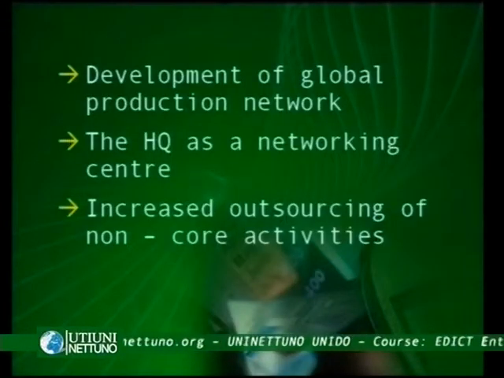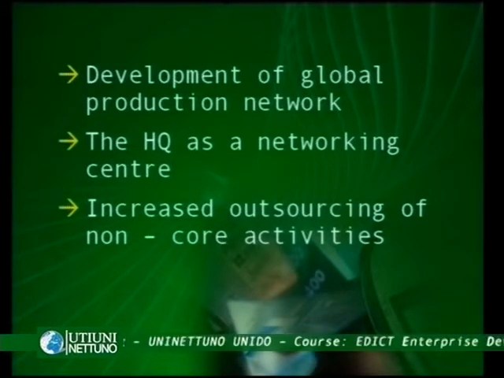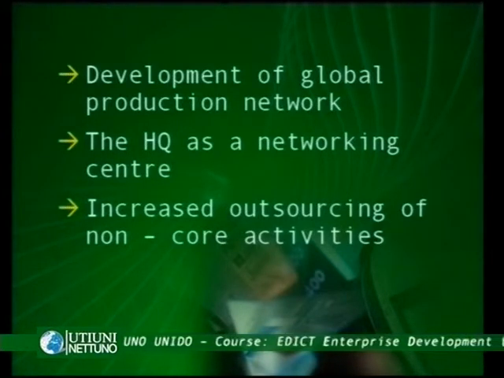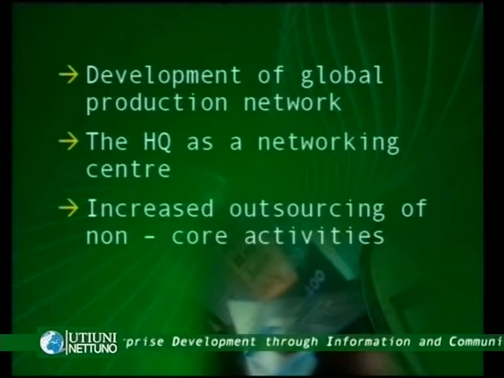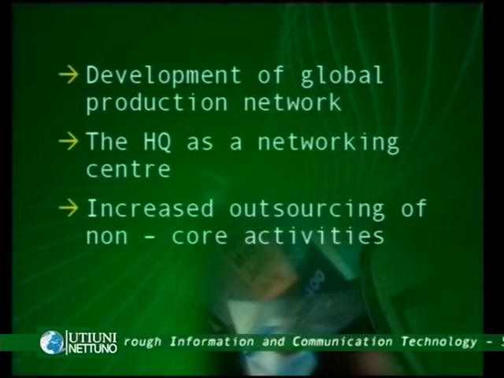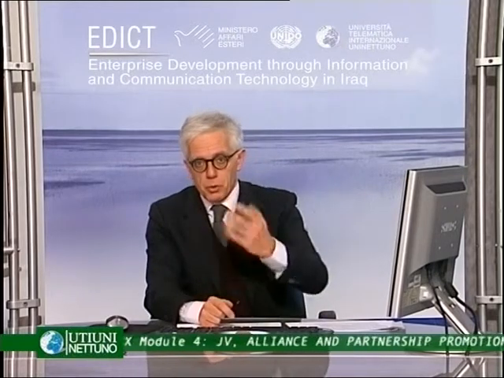So in this model we have the development of a global production network. In the network the company develops its production. While in the past all the production phases were concentrated in one single country, and from that country maybe products could be sold in other countries.